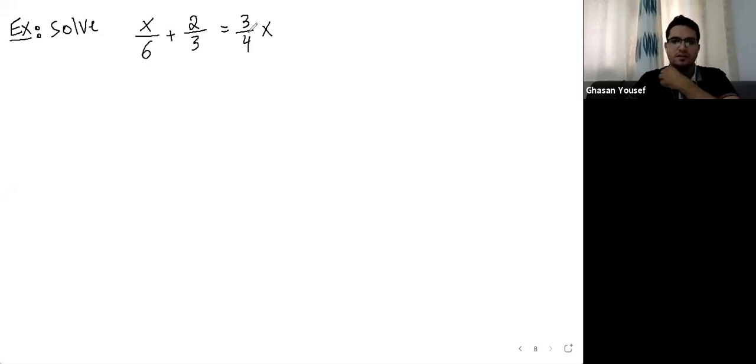How can we solve something like this? Like I said before, we move all the variables to one side and all the numbers to the other side.